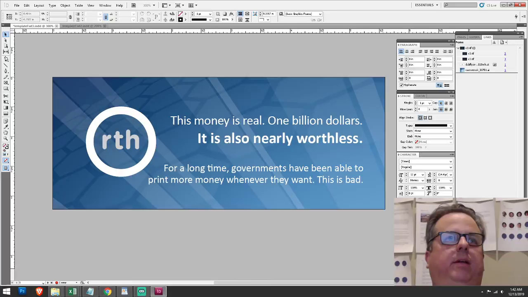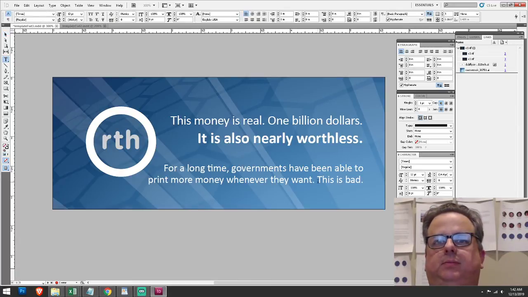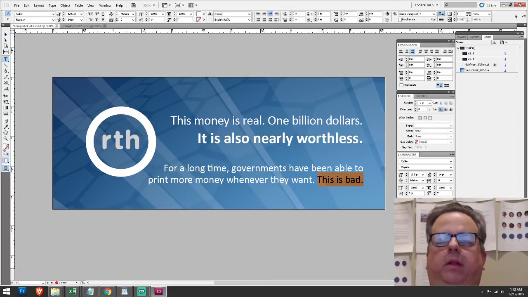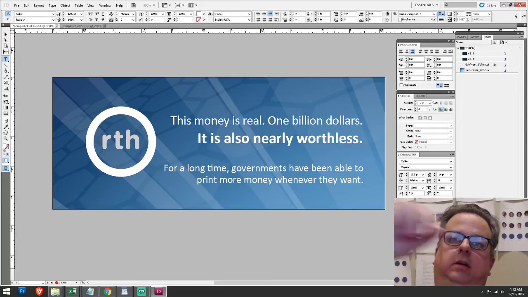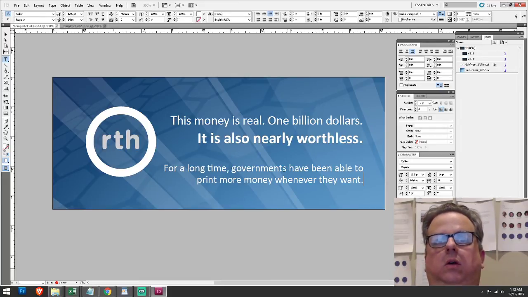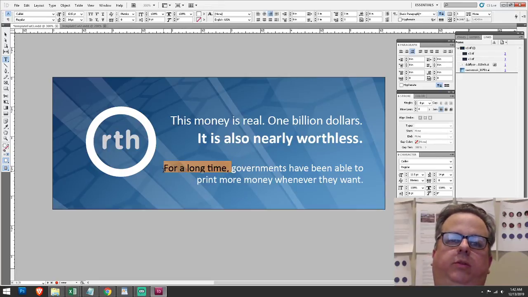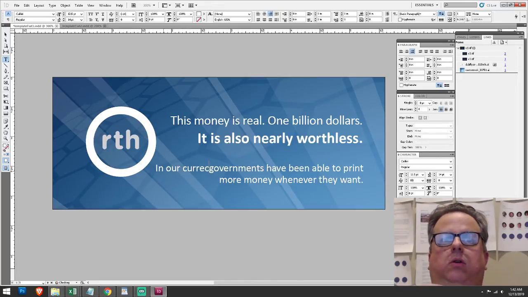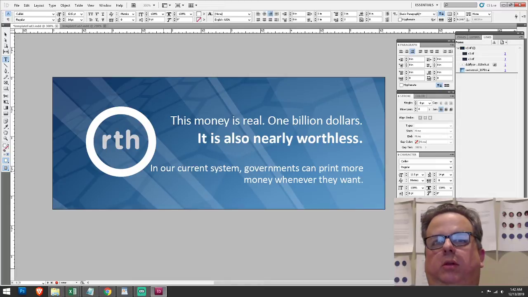This is bad. Maybe we say, in our current system, governments can print more money whenever they want.